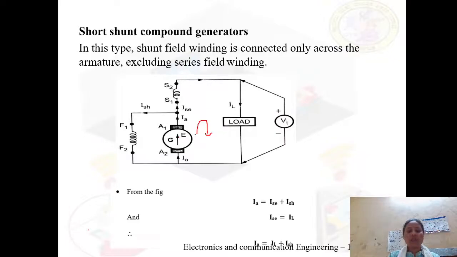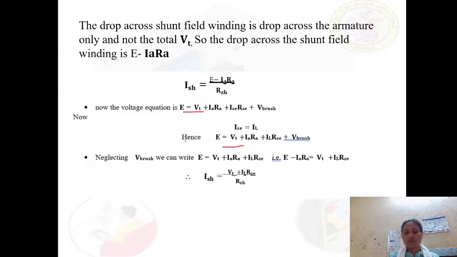Similar to the series generator, we can write E plus IARA plus V brush plus ISE RSE plus VT, which gives the expression for the EMF. So E equals VT plus IARA plus ISE RSE and V brush. But ISE can also be written as IL. So you can replace ISE with IL and rewrite the alternate expression for the EMF. By neglecting the V brush, we can write the expression for the EMF as this.